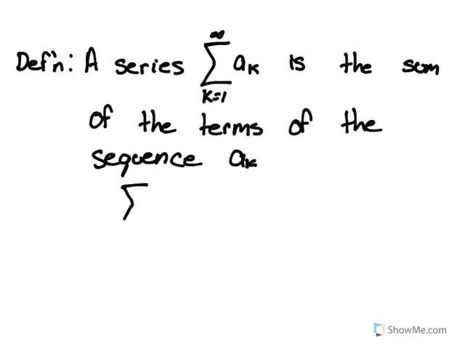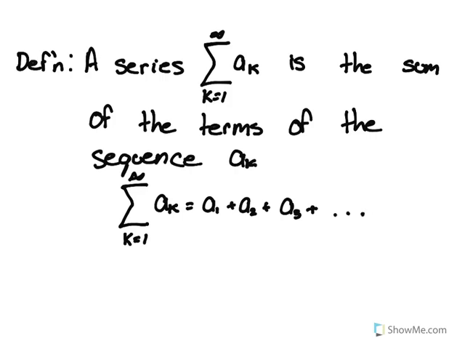Right, so that means that the sum from k equals 1 to infinity of ak is equal to a1 plus a2 plus a3 plus and so on, all the way up to infinity.